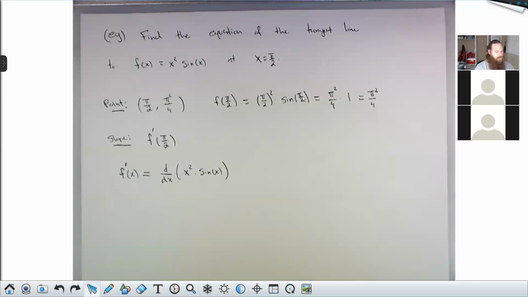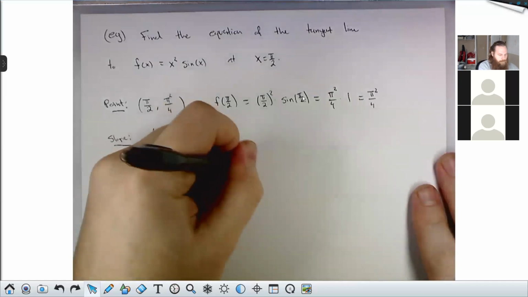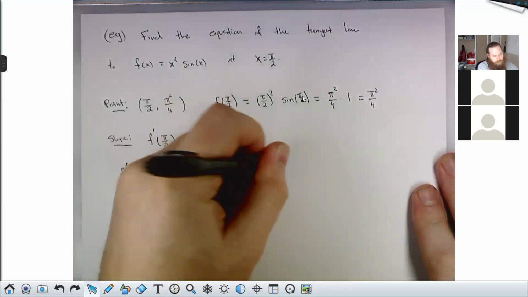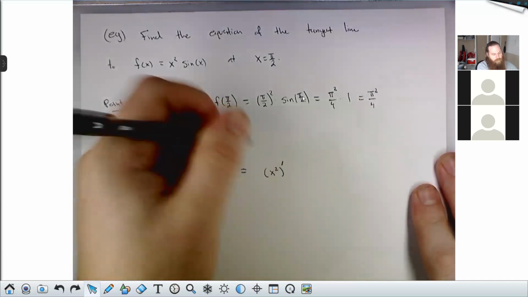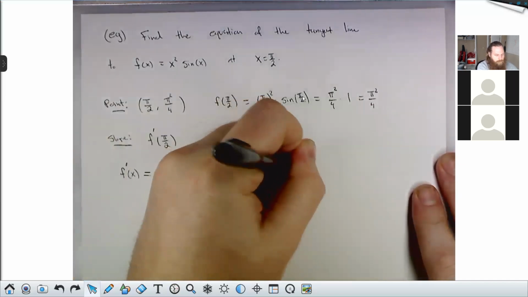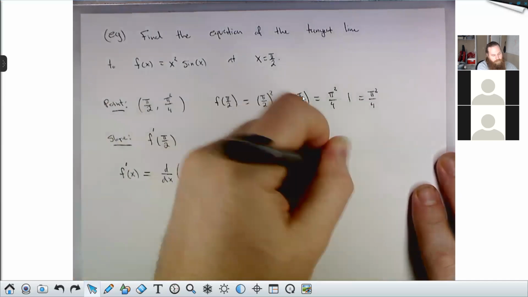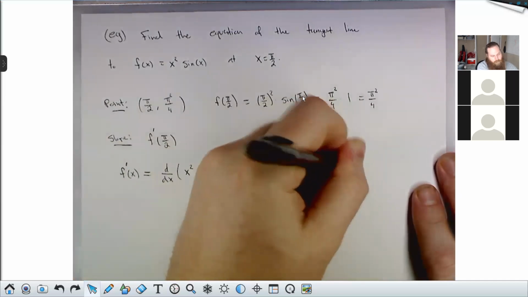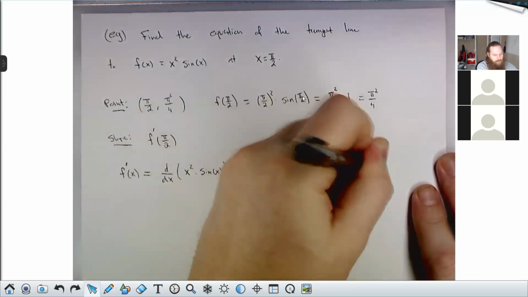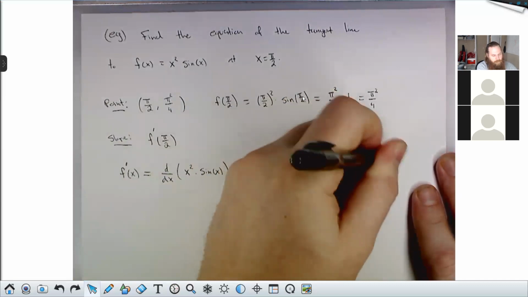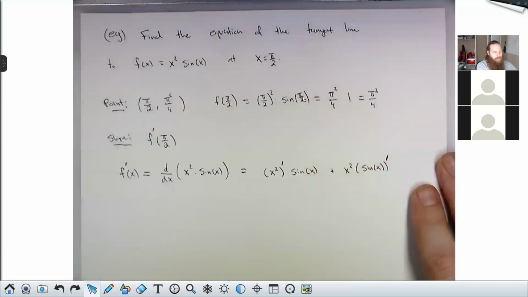Yeah, the product rule. So this will be the derivative of the first, x squared, I'll write it out as x squared primed times sine x plus the first left alone times the derivative of the second, so x squared times sine x primed. And this way of writing things out in the prime notation before taking derivatives is a great middle step.